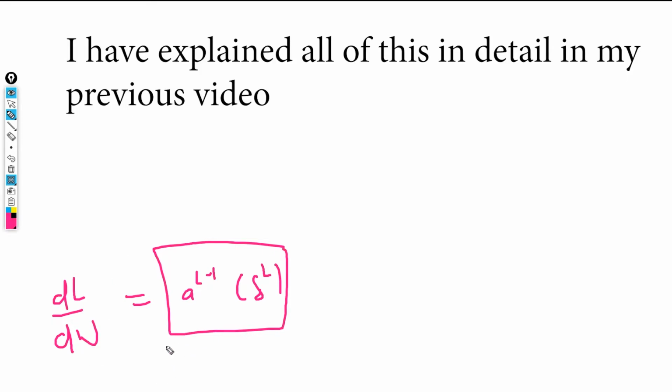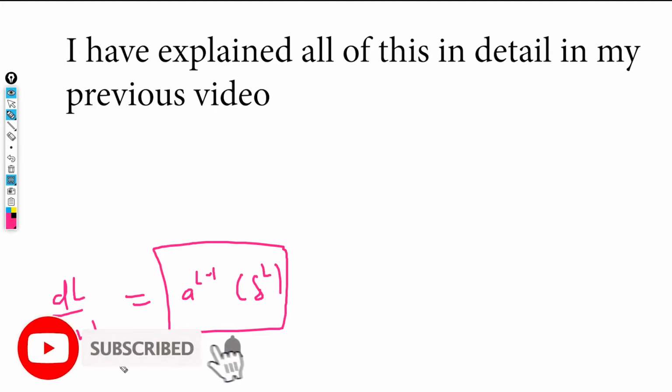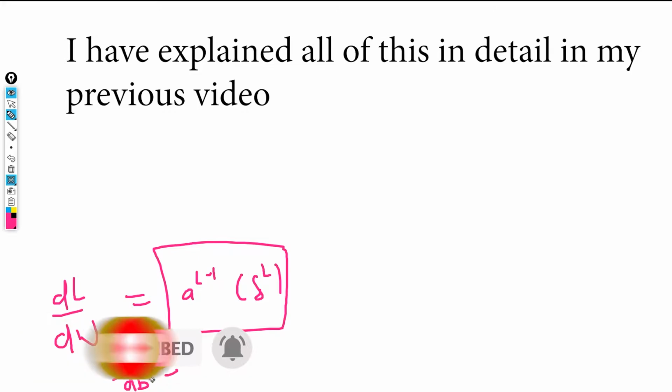We can also consider the delta L, this part. Basically what we are doing here is finding the derivative of this loss on the basis of the bias. So for this it is just going to be this. Okay, so we are not going to discuss this.